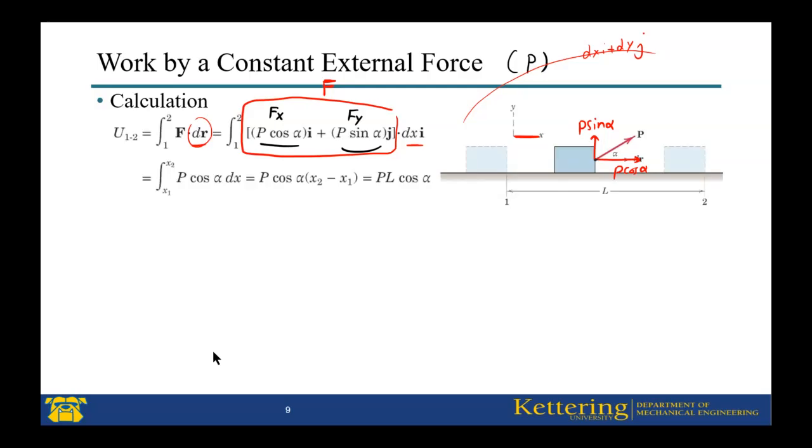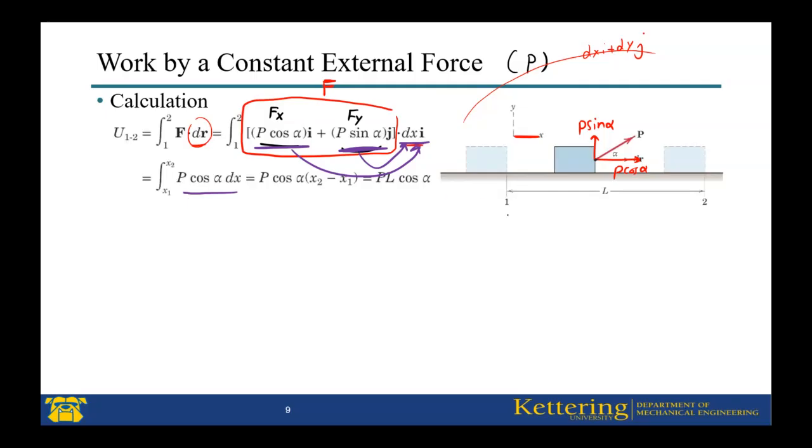Now, if you do the dot product, the product of the first multiplied by this, and the product of this multiplied by this, we will find this expression, P cosine alpha dx.